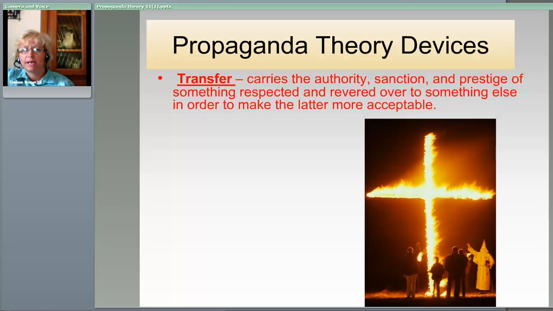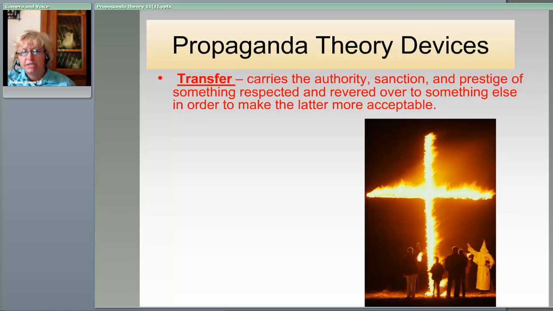Again, I go back to the Ku Klux Klan, a group that I think is awful. Okay, I don't want you to walk away from this thinking that I in any way respect what they did. I do not. Unfortunately, they took the symbol of the cross, which for us is very sacred. It's very honoring. It was the ultimate expression of God's love for us. And they burned it.